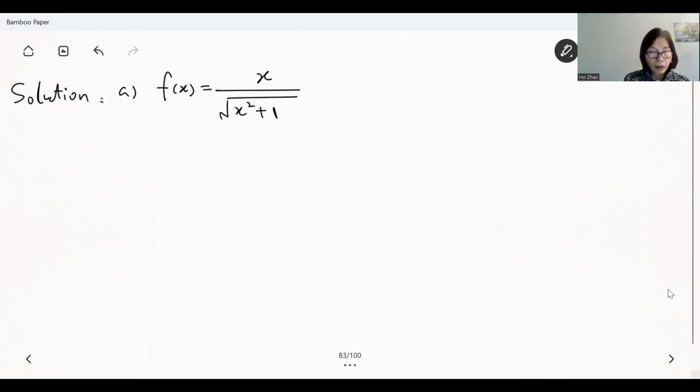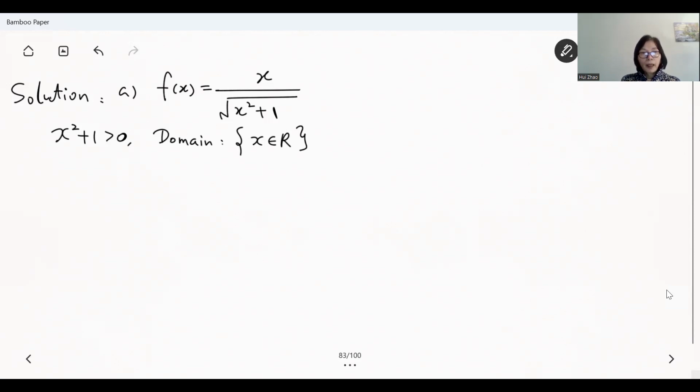So x squared plus 1 is more than 0, and the numerator is x. So we know the domain is x belongs to R.